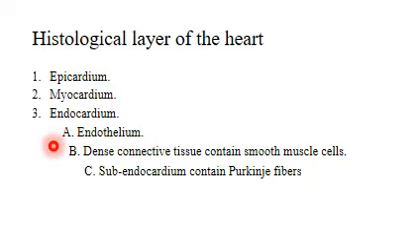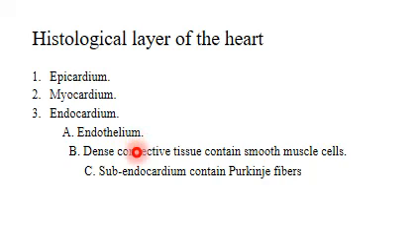The most inner layer is the endocardium, and this endocardium is again composed of flattened simple squamous cells. We call them the endothelial cells, the cells which line the heart and blood vessels. It's an example of flat or simple squamous cells, of course resting on a basement membrane.